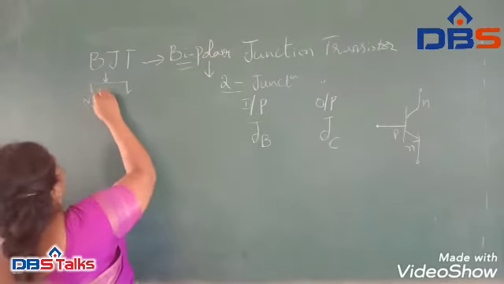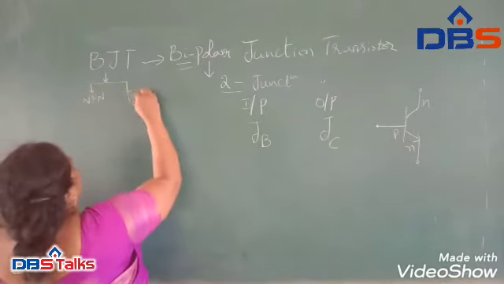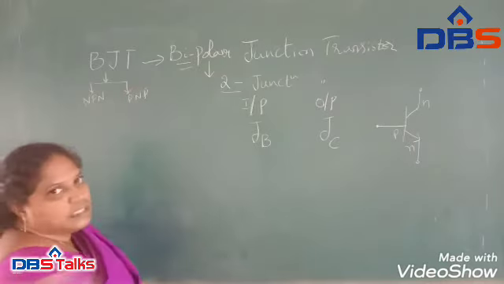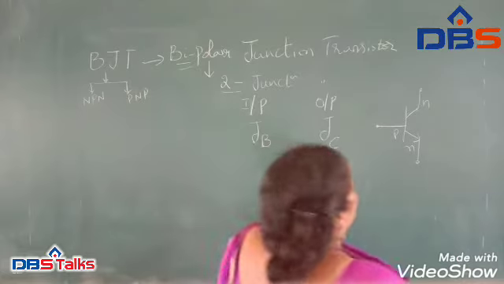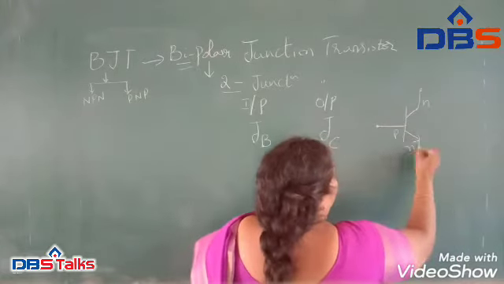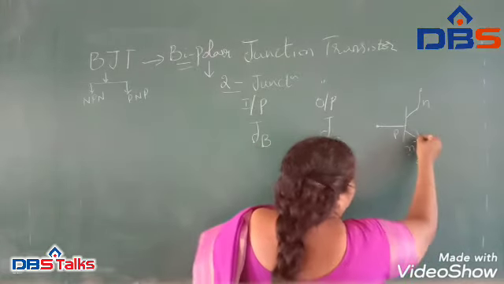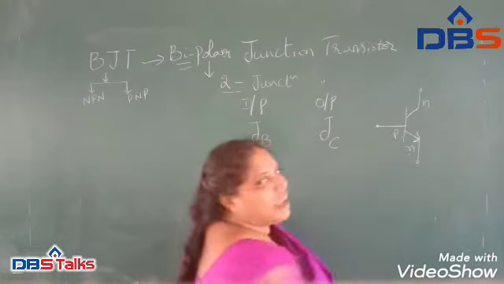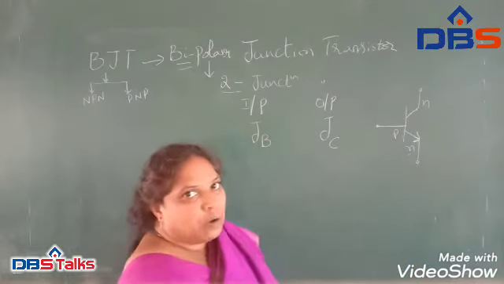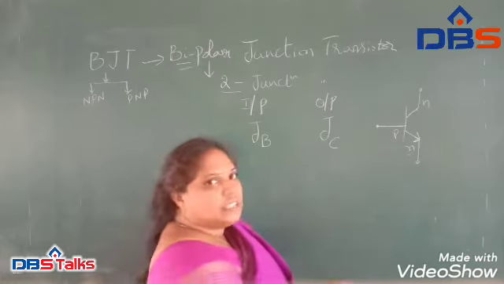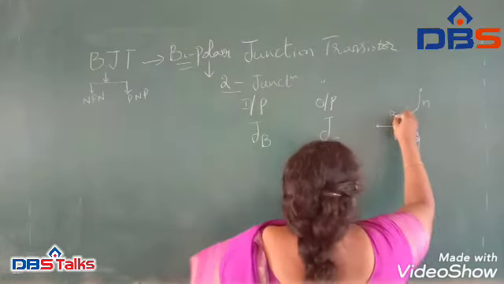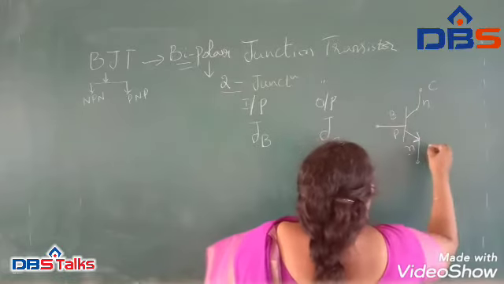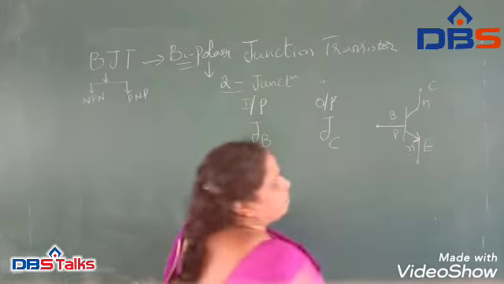These two are NPN and PNP transistors. In the NPN transistor, the arrow mark shows the conventional current direction. Here, this is the base terminal, collector terminal, and emitter terminal.